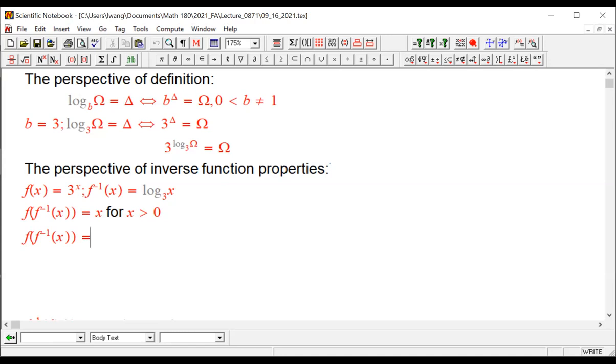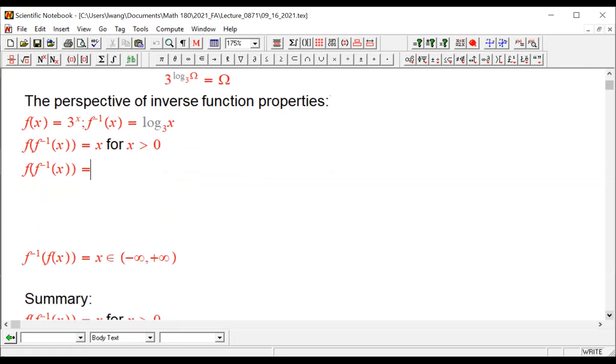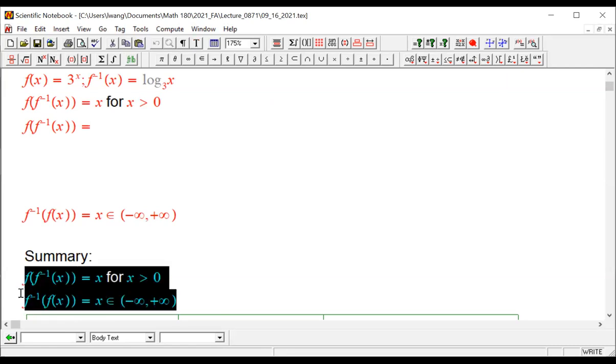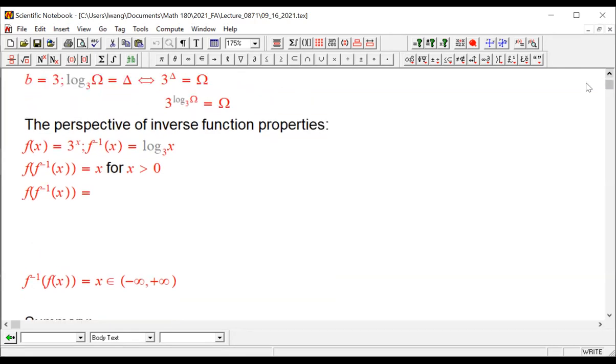Because we know that two properties are always true, right? If a function is 1-to-1 and its inverse is f inverse, that's always true. This is always true for exponential and logarithm functions. So from that perspective, I will have f of f inverse would be this guy, right?